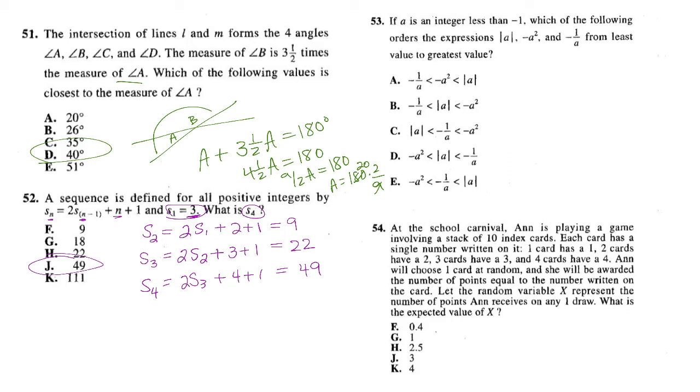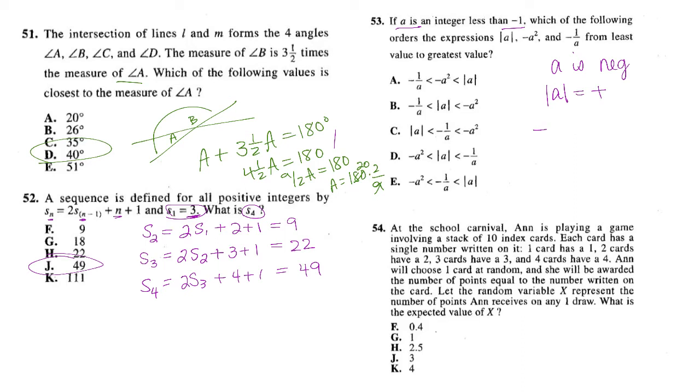Okay, and so let's look at our next set of problems, number 53. And for 53, we have to order these from least to greatest. So here, from the least amount to the biggest, and notice that A is an integer less than -1, so I'm going to say A is negative. A is negative. So absolute value of A is going to be positive.